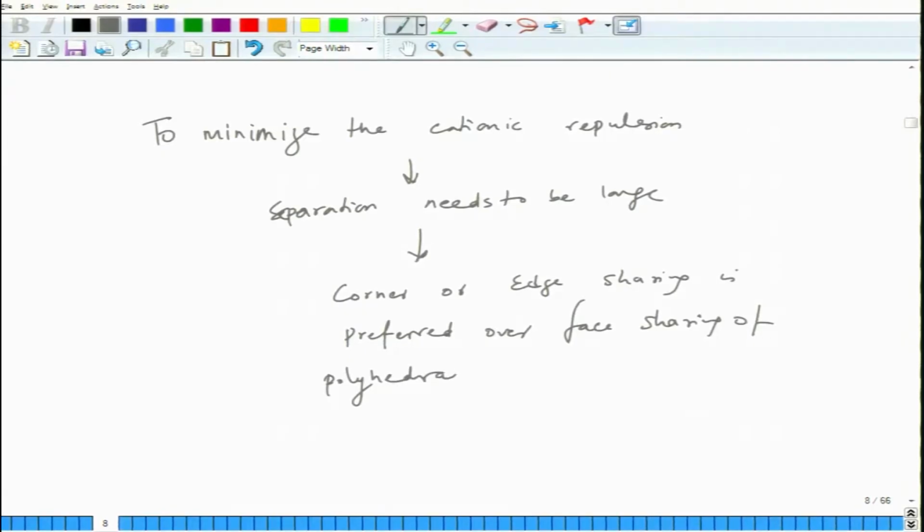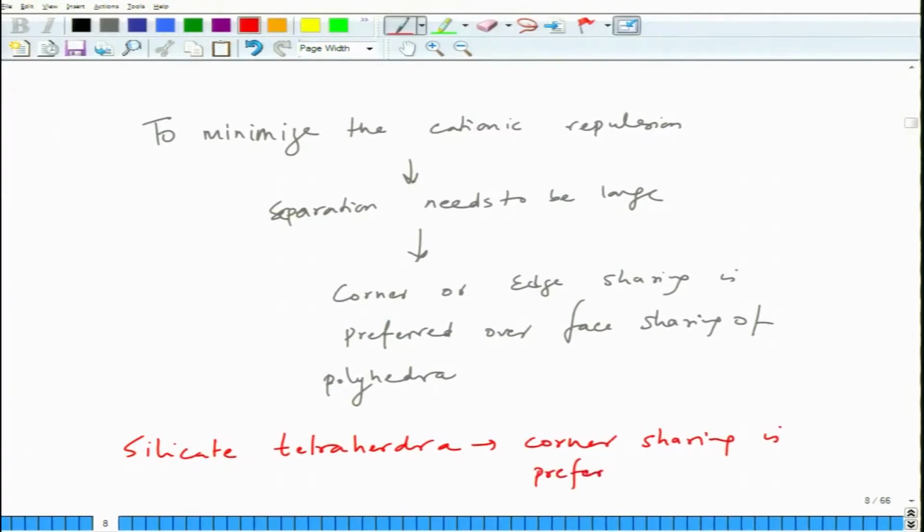So, as it happens in the case of SiO4, the silicate tetrahedra, corner sharing is preferred, okay, but it is not guaranteed that this is going to happen, all right.